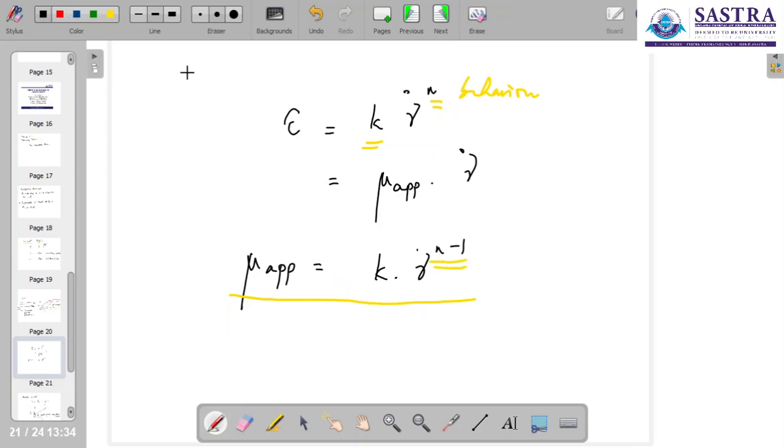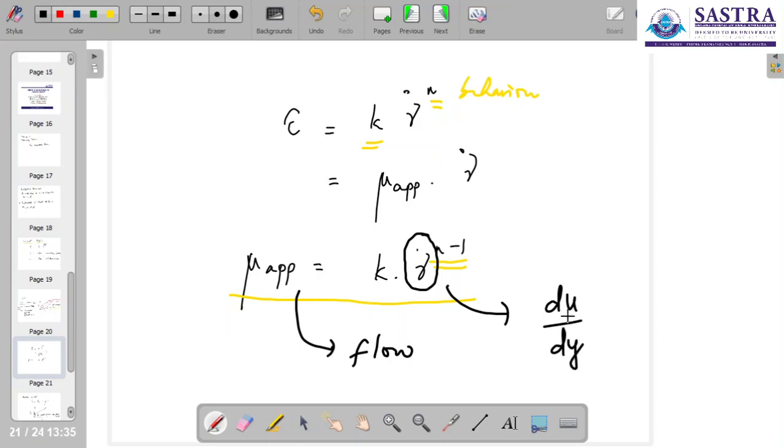Now this clearly shows that apparent viscosity is a function of flow, unlike in a Newtonian system where the viscosity is only a fluid property. Now why do we call this a function of flow? Because you can clearly see that this is a function of gamma dot, the shear rate, and the shear rate, for example, is captured by how the flow is actually happening in the system.